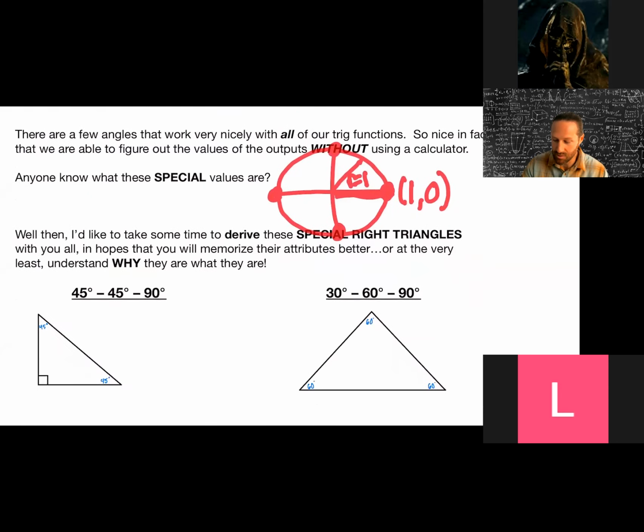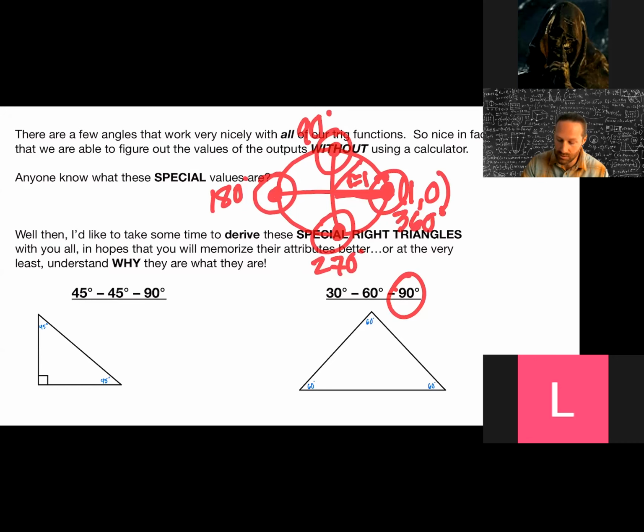So if we land on one of our quadrants, remember we called these quadrantal angles because of that, which are just multiples of what value? Right? 90 degrees, 180, add another 90, 270, 360, and we started at 0.